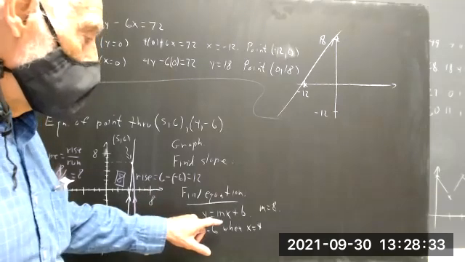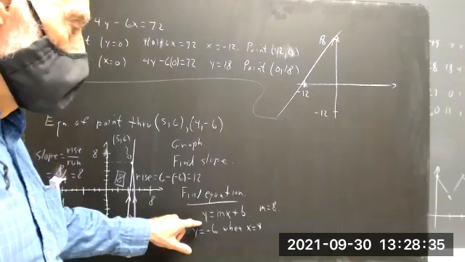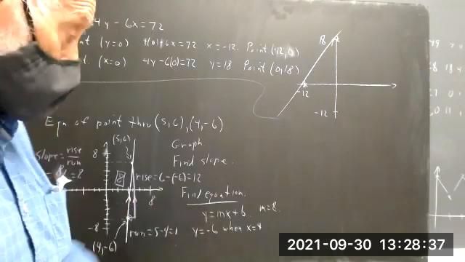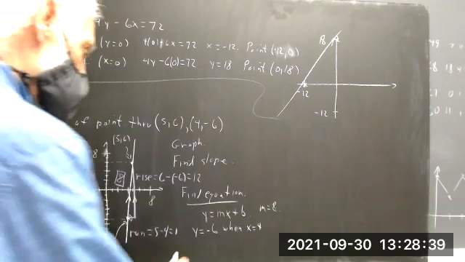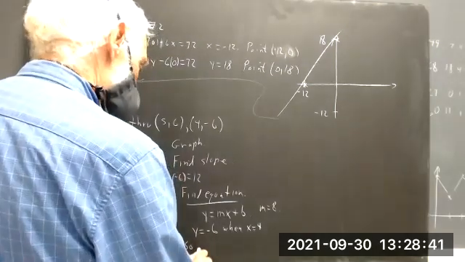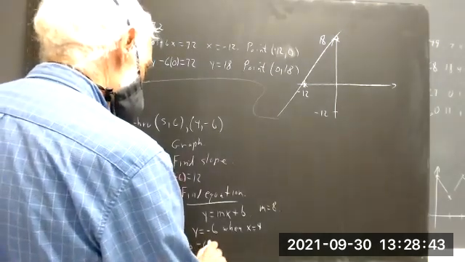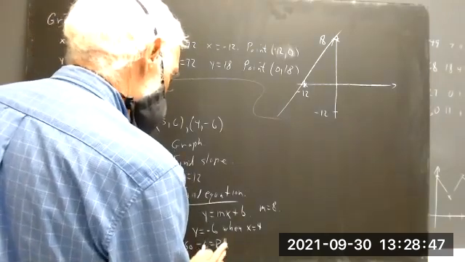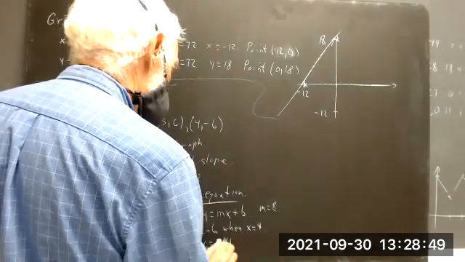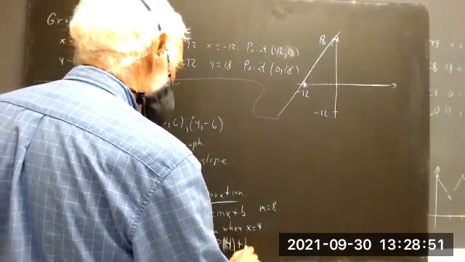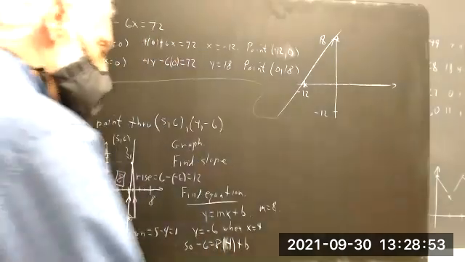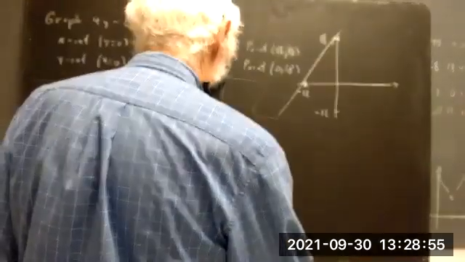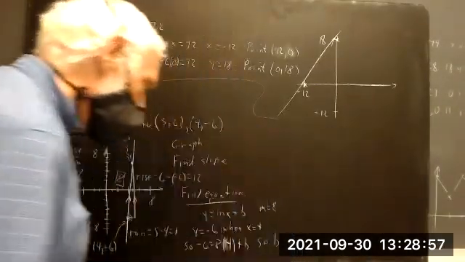So we know m, and we know a value of y and a value of x, but not b. So negative 6 equals 8 times 4 plus b. I don't have to tell you how to solve that.